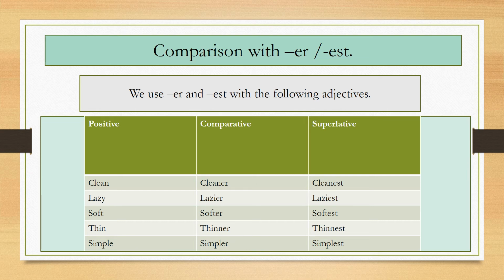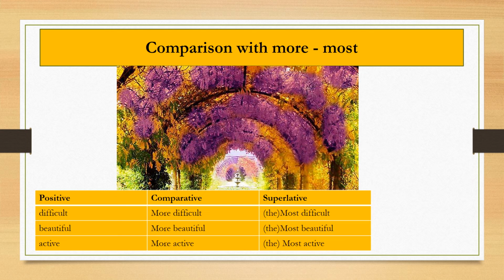The first one is clean, cleaner, cleanest; lazy, lazier, laziest; soft, softer, softest, and so on. If you look at another one, comparison with more and most, here are a few examples like difficult, more difficult, most difficult; beautiful, more beautiful, most beautiful; active, more active, and most active.